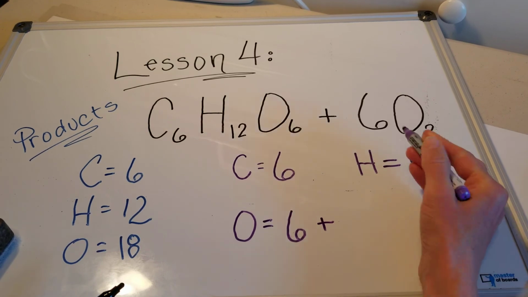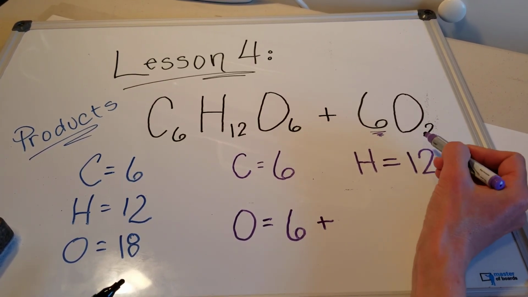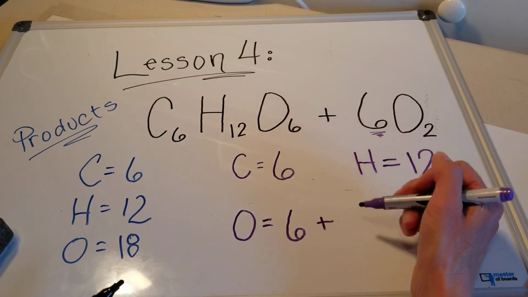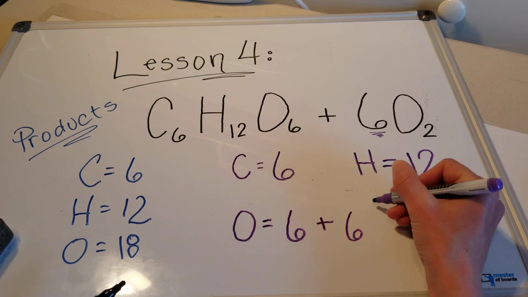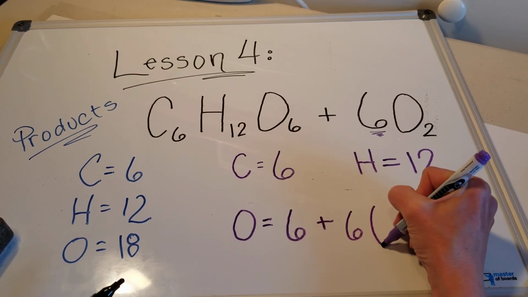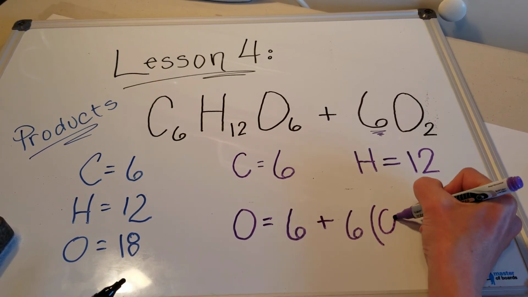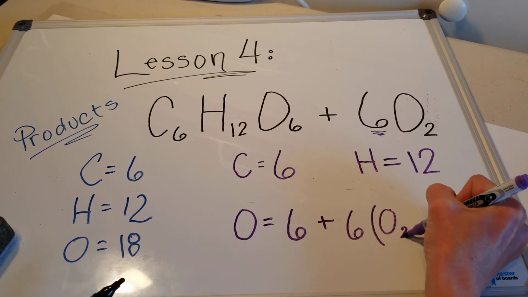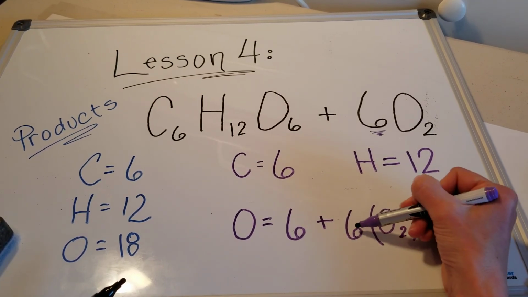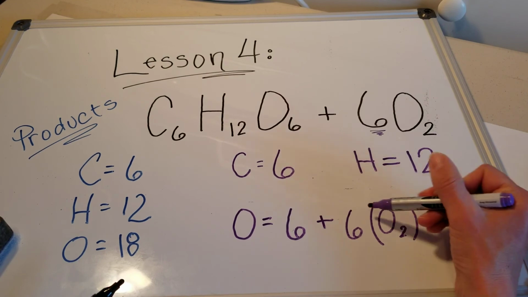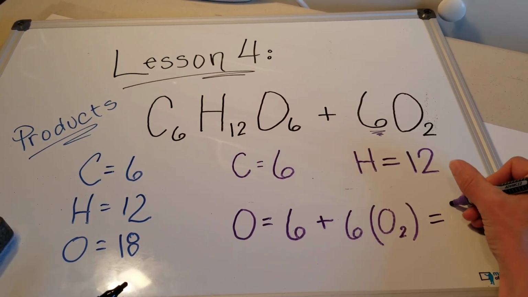On the other side, I've got a coefficient here. So I have to do the multiplication to get the answer on this one. So I've got 6, and I'm going to multiply by my 2 oxygens. So in this case, my 6 times my 2 gives me 12, plus another 6 gives me 18.